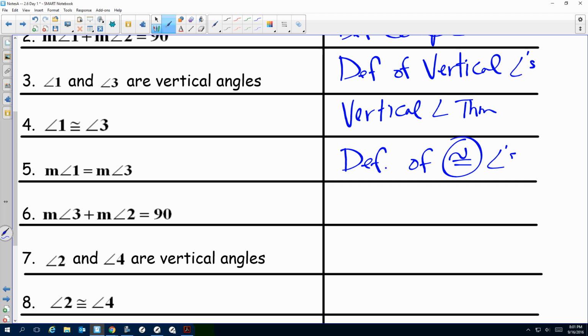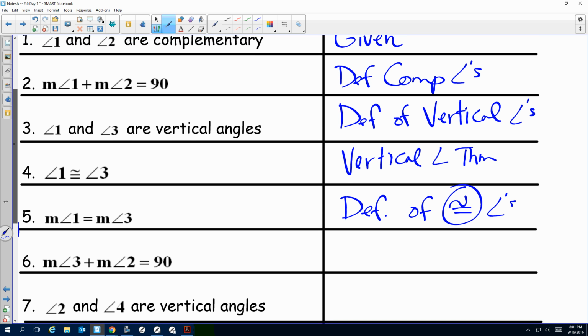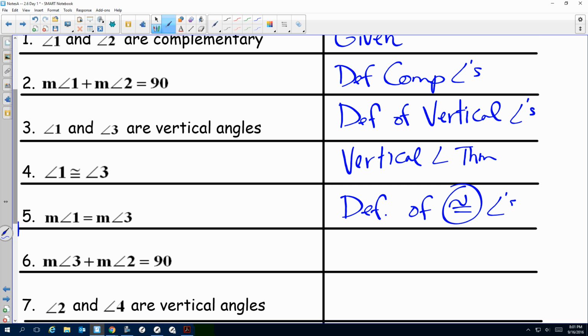So I'm going to go back to some statements to make sure we understand how I got this. All right, so since in statement 2, I had angles 1 and 2 equal 90, and I know that angle 1 is congruent to angle 3, that's step 4.